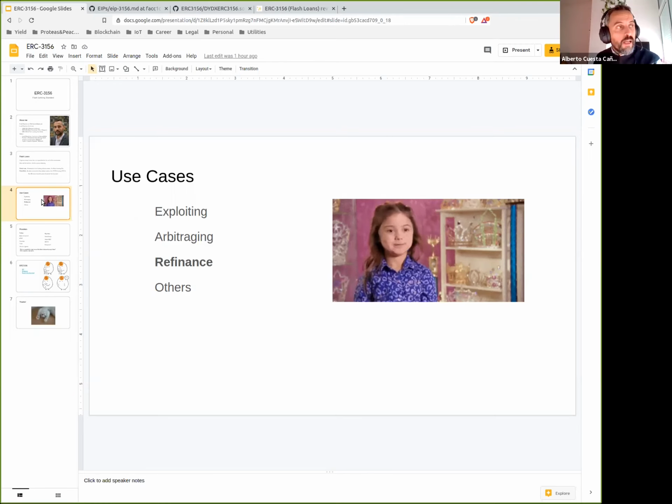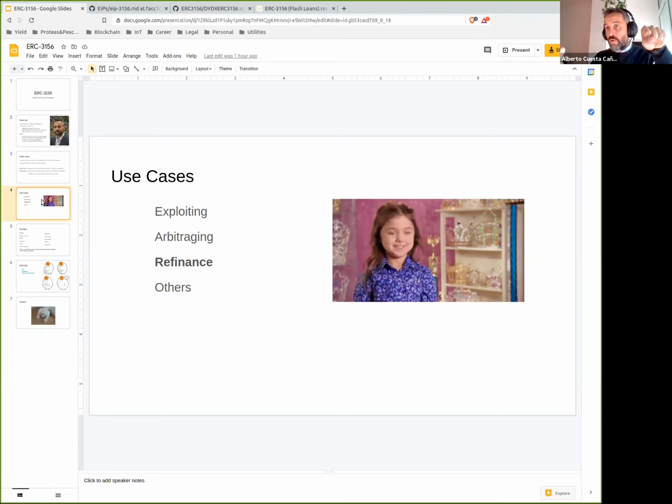Bad luck. With a flash loan, you can take the DAI from Avi, for example, use that DAI to repay your debt in MakerDAO. Now that you have repaid your debt in MakerDAO, you can get your Ether. Now you can get your Ether and you put it in the other platform, let's say Compound.